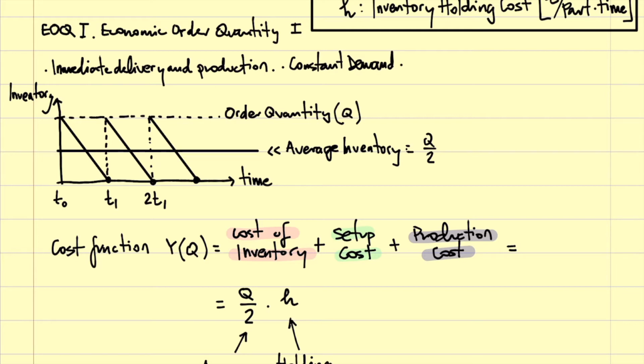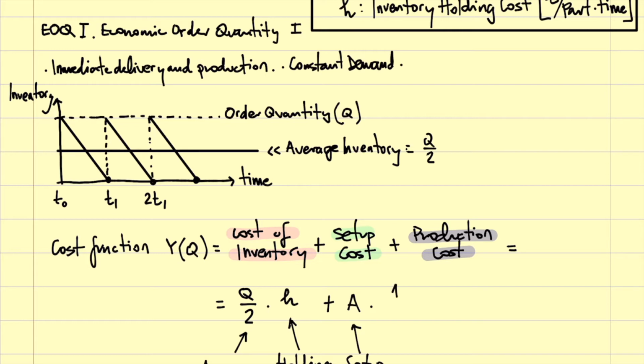Then the setup cost equals the setup cost per unit times the frequency of the setup.